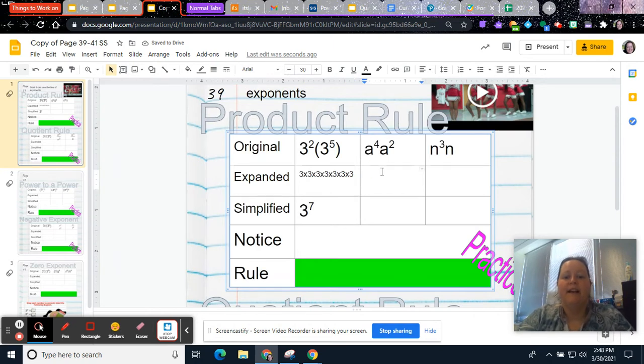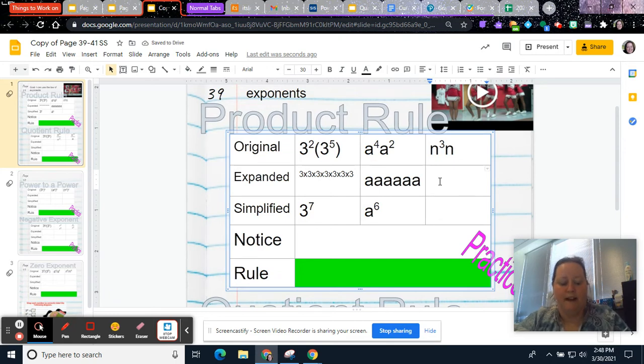Let's try this one. If I have a to the 4th times a squared, I have a times a times a times a, times, now I have my other two, a times a. So how many times am I multiplying a together? 1, 2, 3, 4, 5, 6. So it's a to the 6th power.